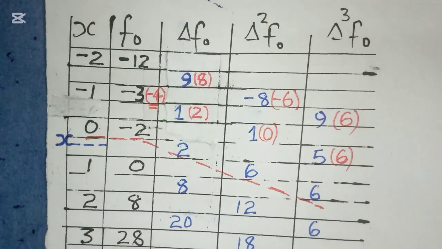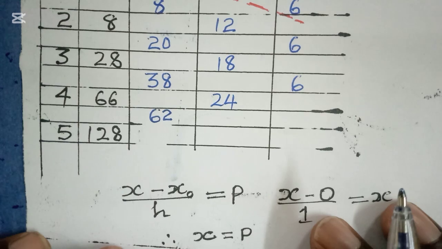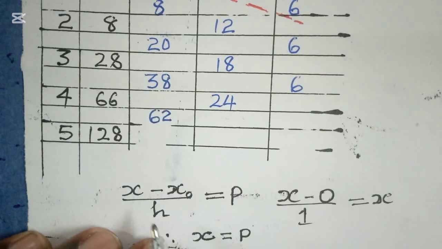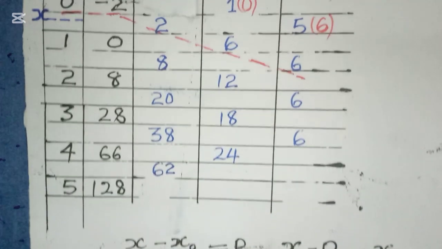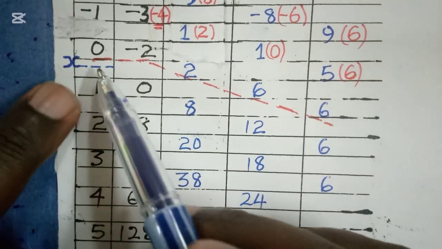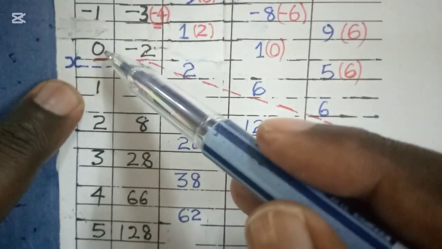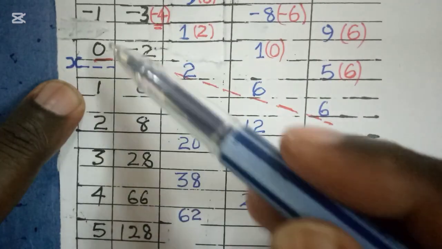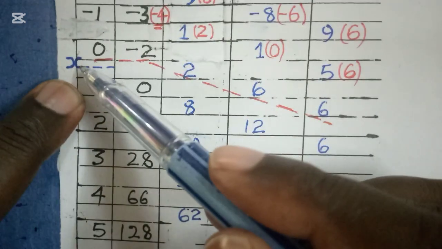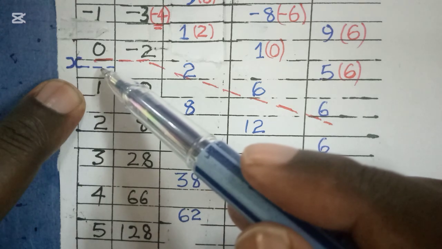From there, we now come and find f(x). In finding f(x), I had this equation. I used this position here at position x, that is from 0. Remember, this is going to 0, 1, 2, 3, like that. So I choose a position x for which I want to find the equation, that is f(x).